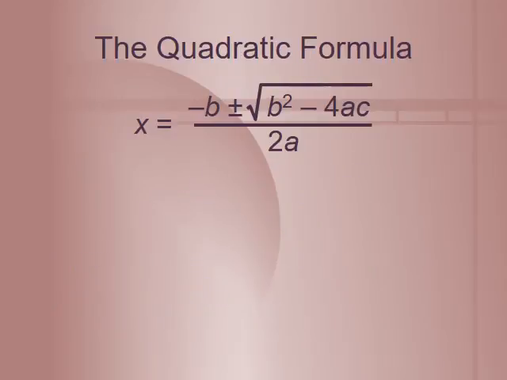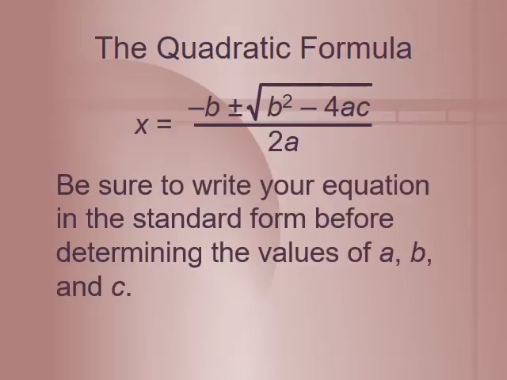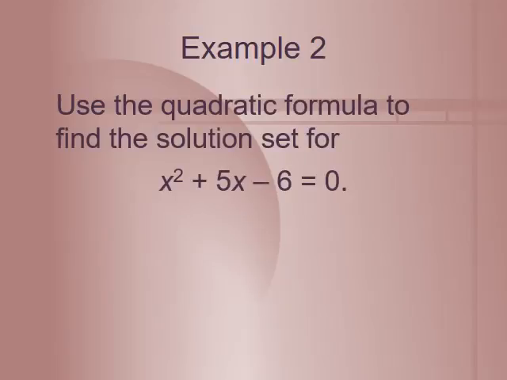So let's actually solve a problem using this. Whenever we're going to solve a problem, we need to make sure it's in standard form to begin with. We are starting off with a problem that's in standard form. We don't have anything in front of our x, so it's a 1. We have that pretend 1 there.